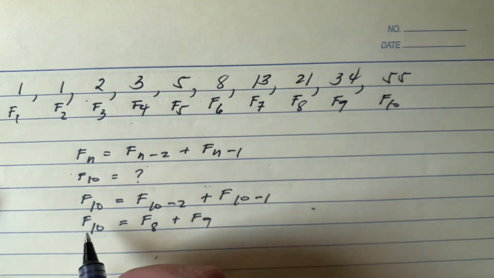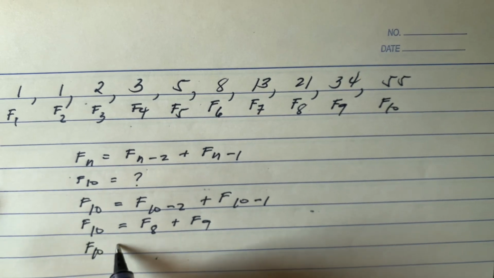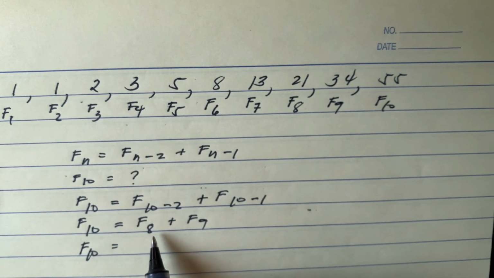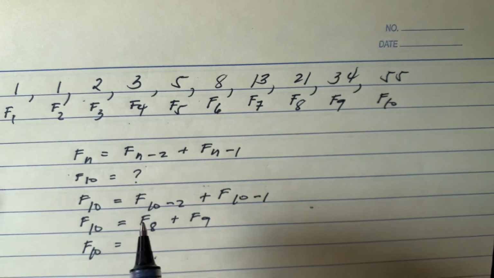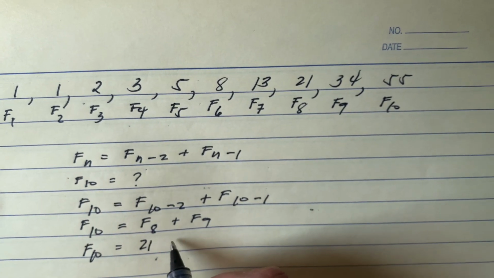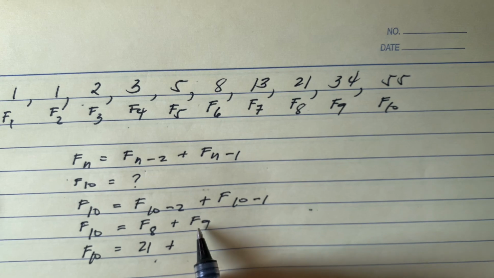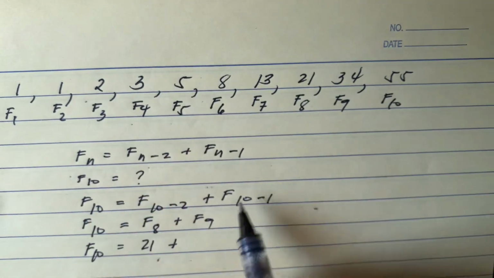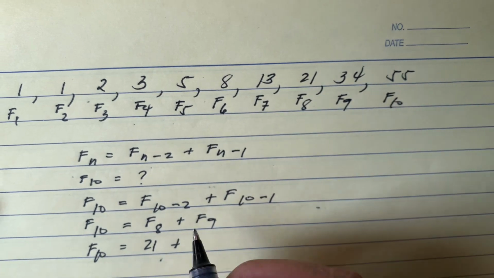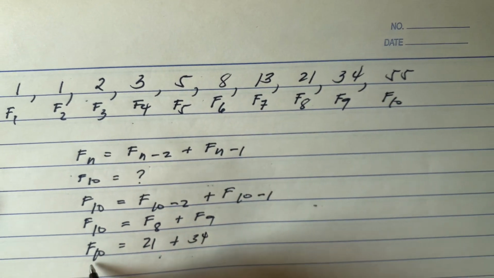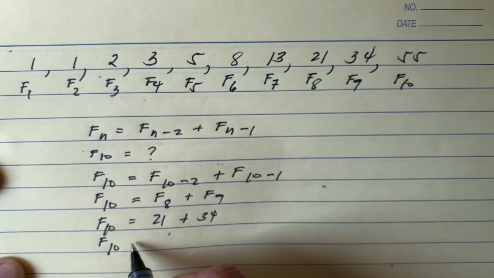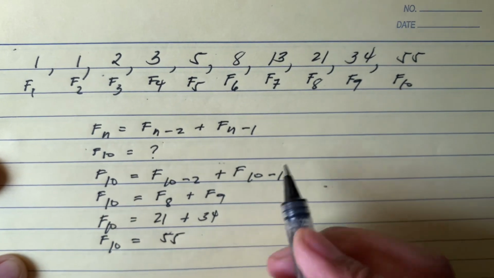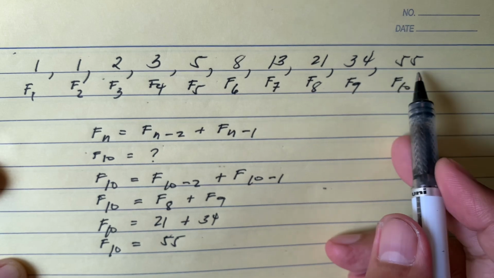So our 10th element now would be, we have our 8th Fibonacci number, which is equal to 21. So we will simply substitute, and our 9th Fibonacci number or the 9th element of this given Fibonacci sequence, we have 34. So we are going to add. Now our 10th Fibonacci number is equal to 55. So we got here 55.